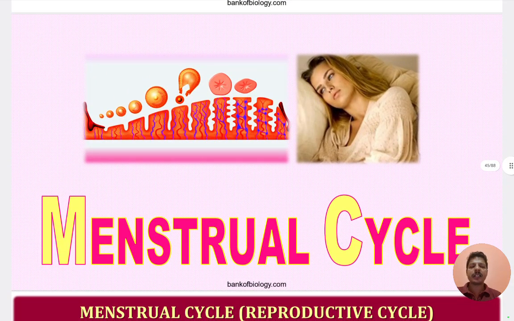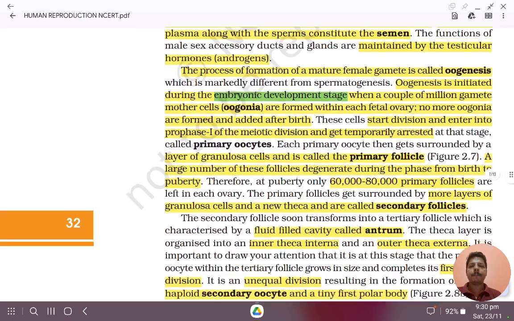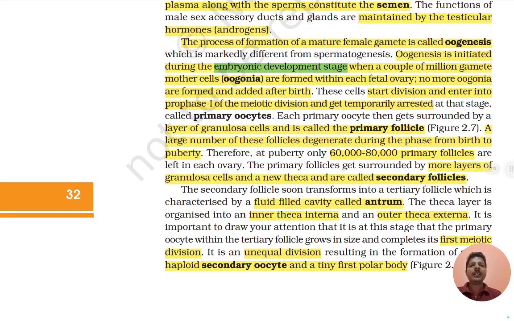Before starting the menstrual cycle, let's see what your NCERT says here. Again the points. The process of formation of mature female gametes is called oogenesis. Oogenesis is initiated during the embryonic development stage, when a couple of million gamete mother cells, oogonia, are formed within each fetal ovary.